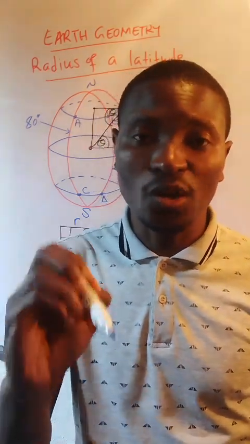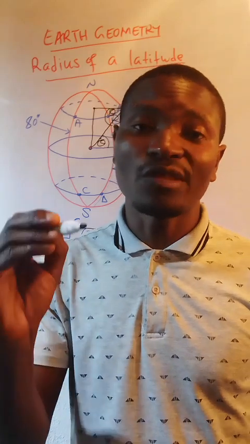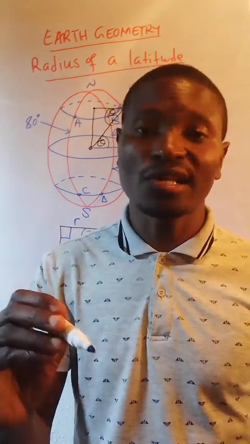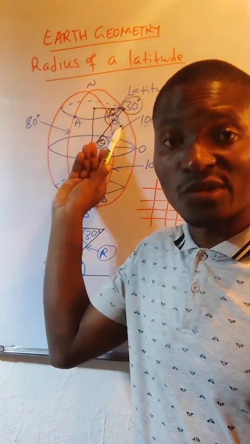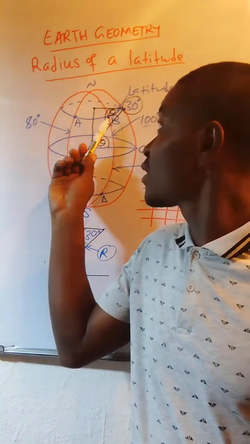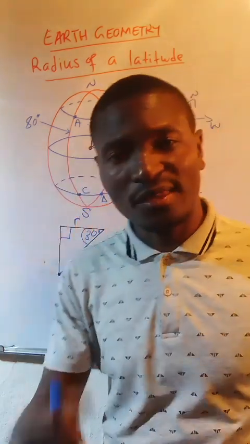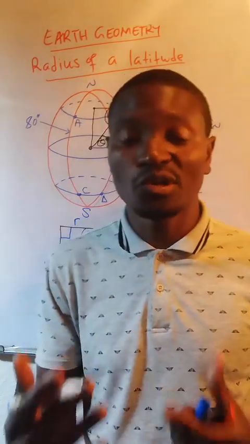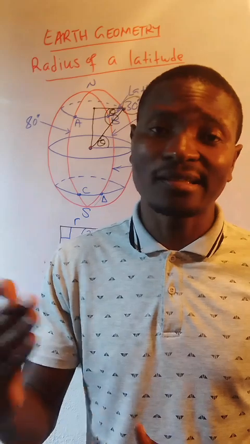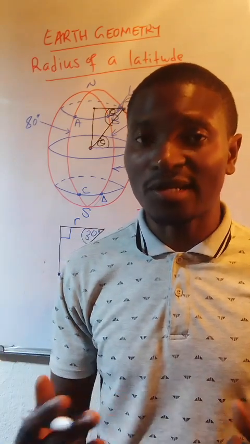But what we're looking at is the radius of the small circle, which is the latitude, and that is this, the 30 degrees there. Okay, this one there. So then, from this concept, we can actually use trigonometry to understand what that is like. And now let's do that.